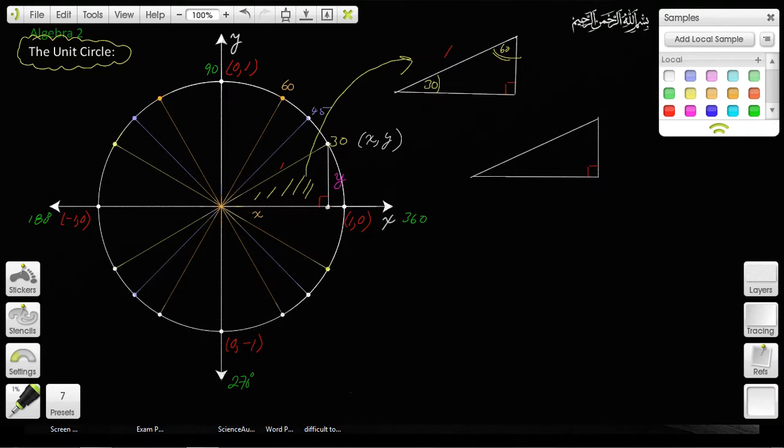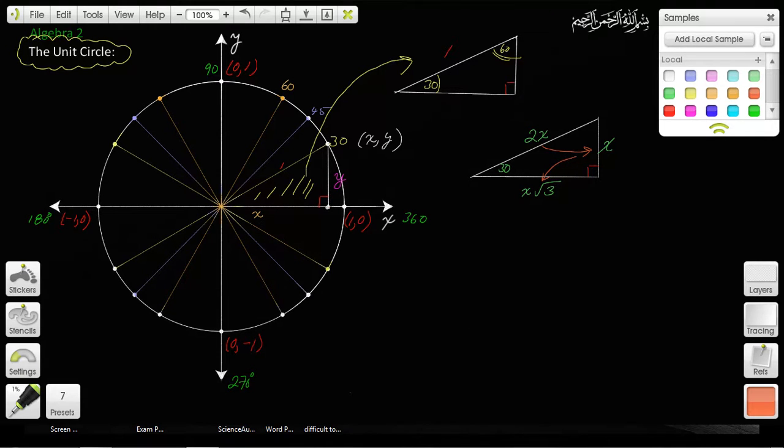And we understand from our geometry knowledge, if you have a 30, 60, 90 triangle, the side across from 30 degrees is half the hypotenuse. And the side adjacent to 30 degrees is that side times the square root of 3. So the side across from 30 degrees is half the hypotenuse, and this side is going to be that side times the square root of 3.